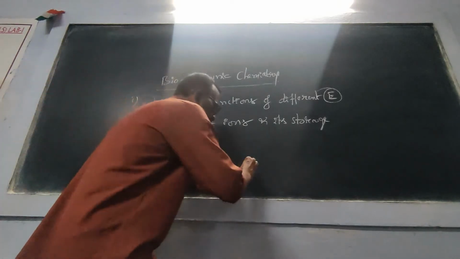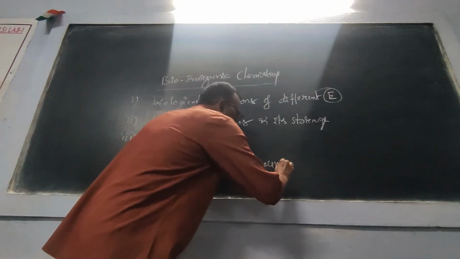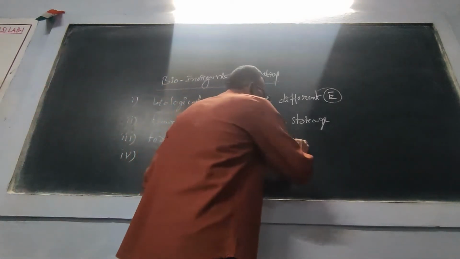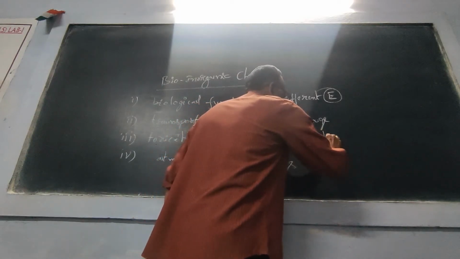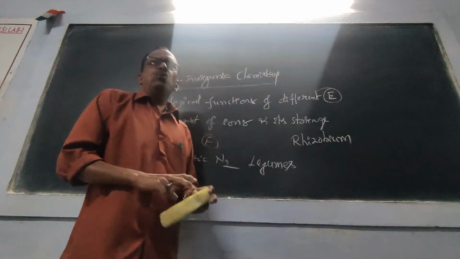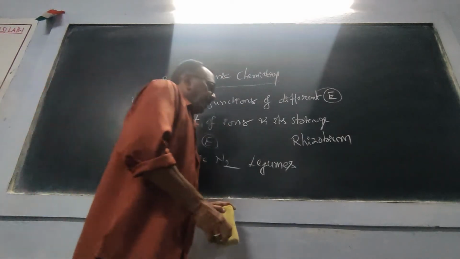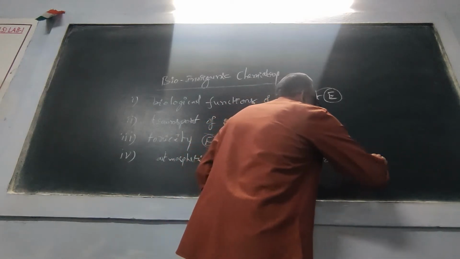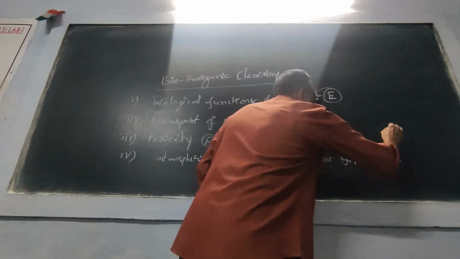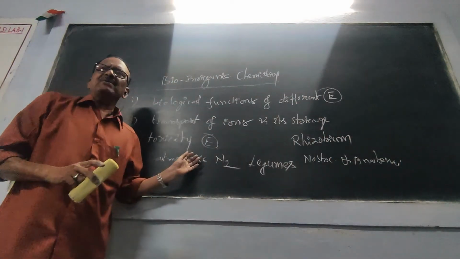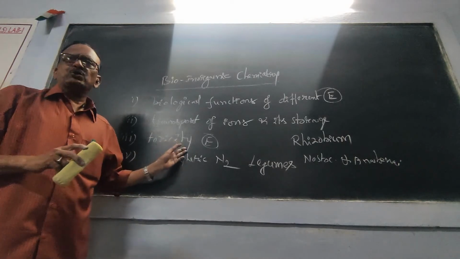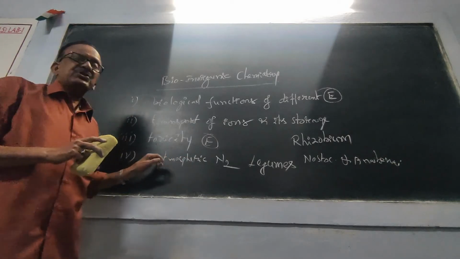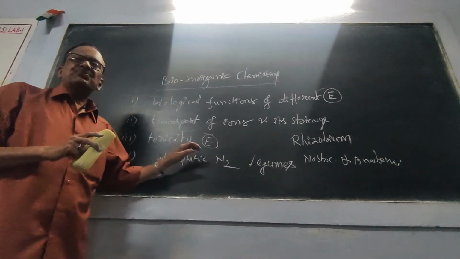Already you have learned that legumes have root nodules containing Rhizobium, and we have blue-green algae, where you have learned Nostoc and Anabaena. These have the ability to fix atmospheric nitrogen directly into nitrogen compounds. So this comes under fixation of atmospheric nitrogen.